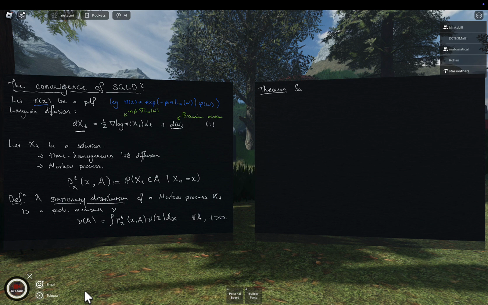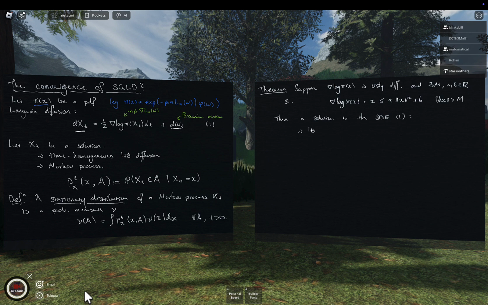So the first theorem is, if we suppose that log pi of x is continuously differentiable, and there exist m, a, and b in R such that this inequality holds, then a solution to this Langevin SDE satisfies the following.